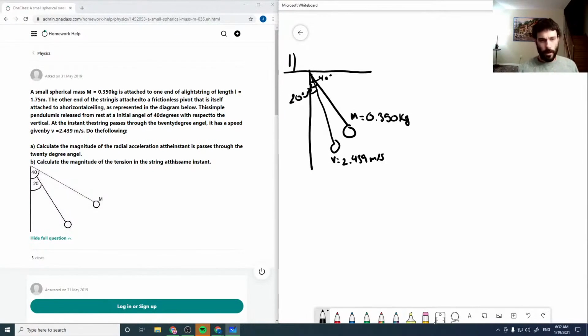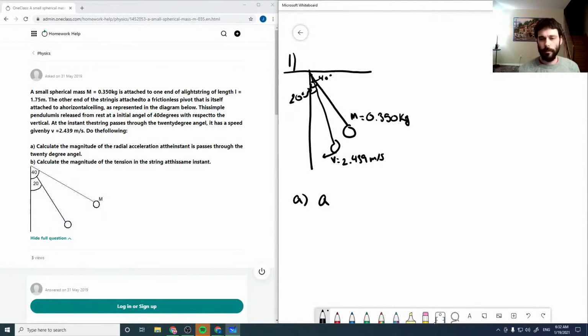Okay, and so now for A, it wants to calculate the magnitude of the radial acceleration at the instant it passes through the 20-degree angle. So the radial acceleration is just A, right?